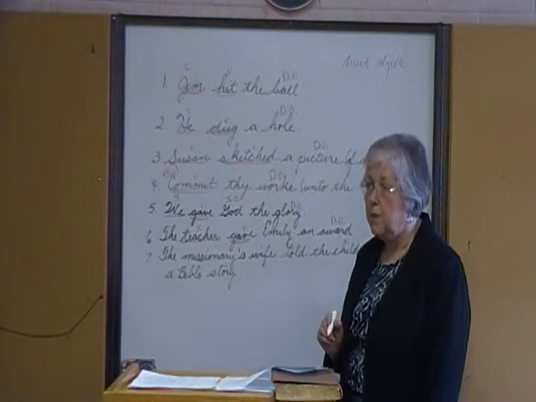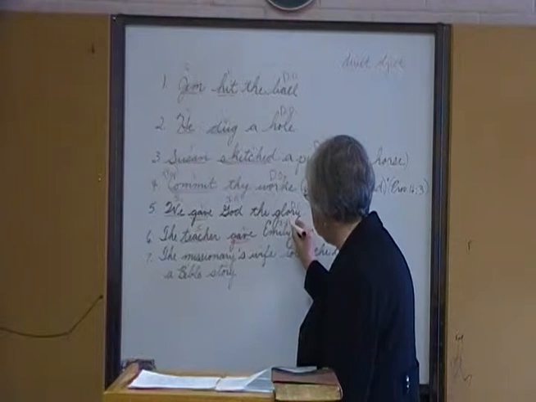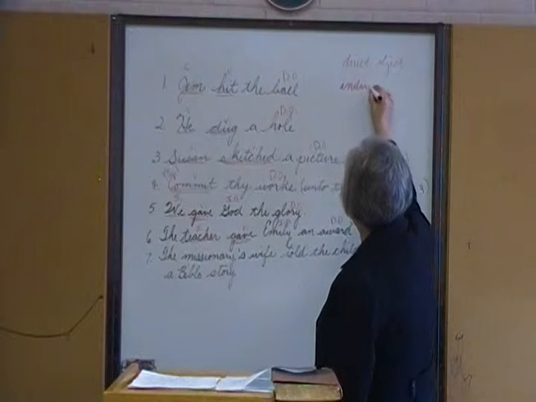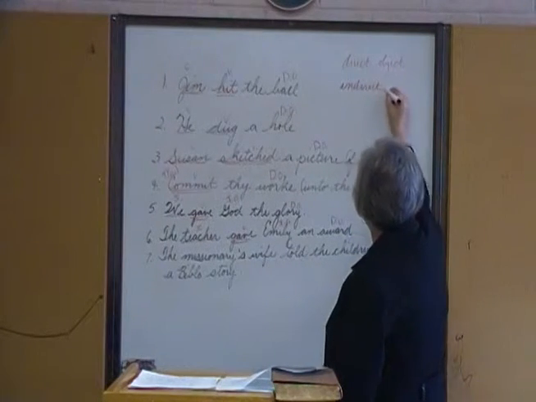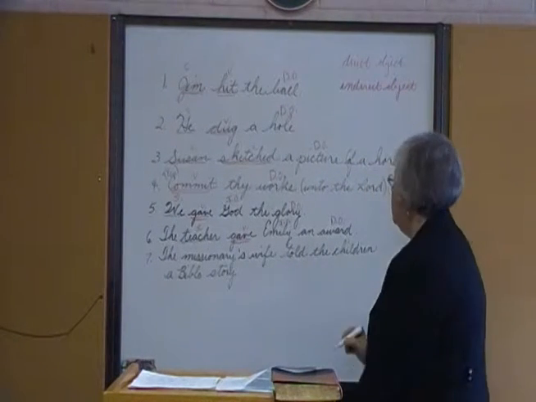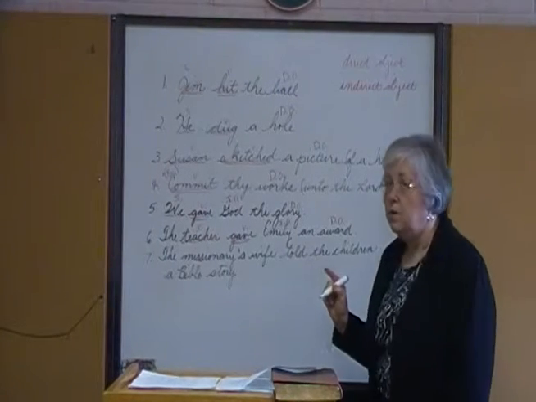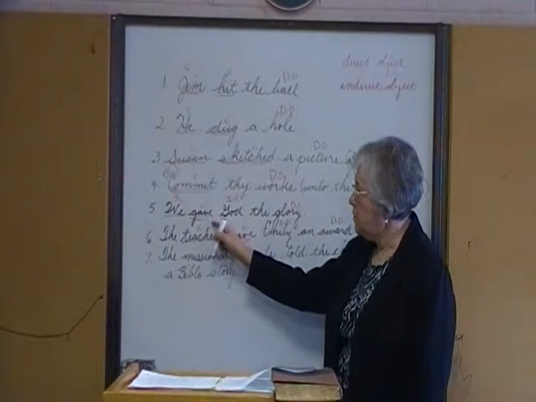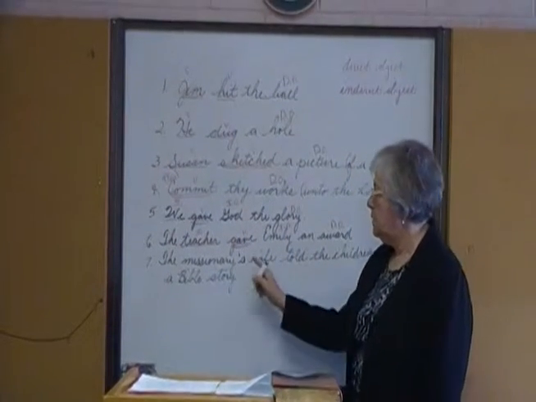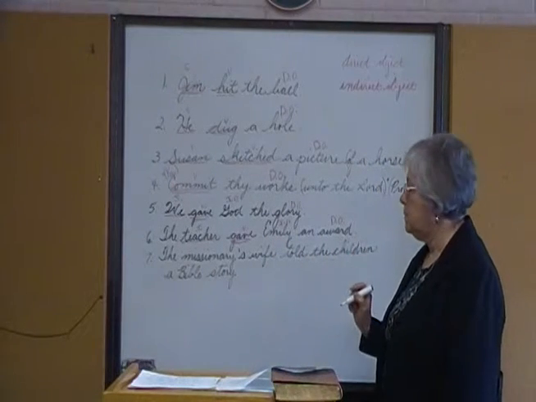Teacher gave to whom? Emily. Emily is the indirect object. Just take note of the location, action verb, indirect object, direct object. Action verb, indirect object, direct object.